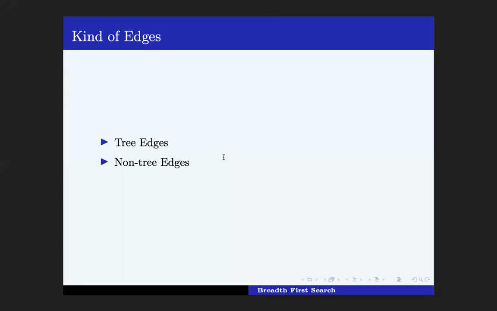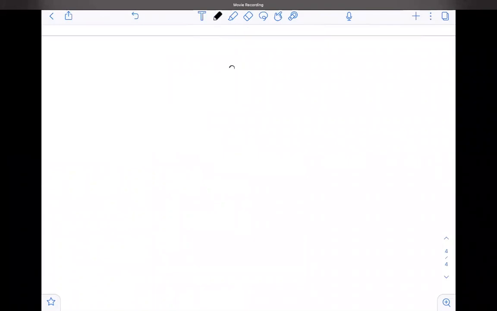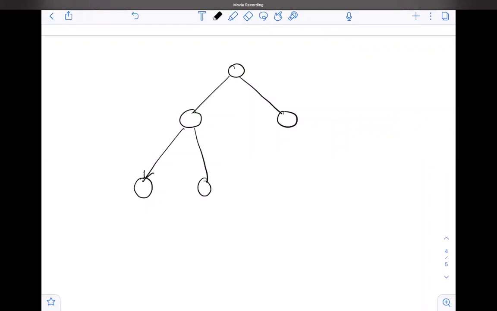If you remember, in the last class we were doing this graph. So let me just draw another example, another graph.